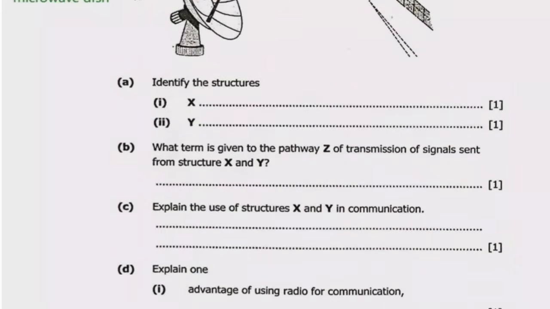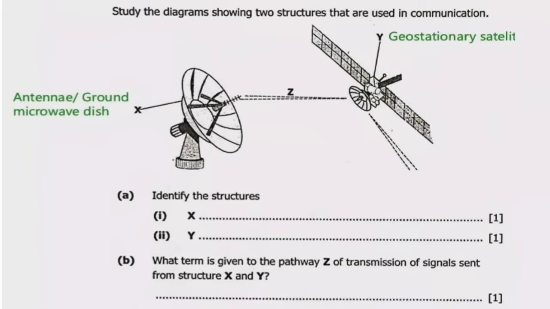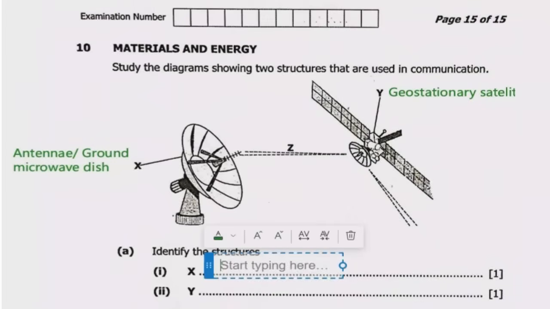Question 10a, identify the structures x and y. So x, we are going to put the word antenna there. That one should gain you a mark. If you use the ground microwave dish, it's okay, again you get a mark for x.